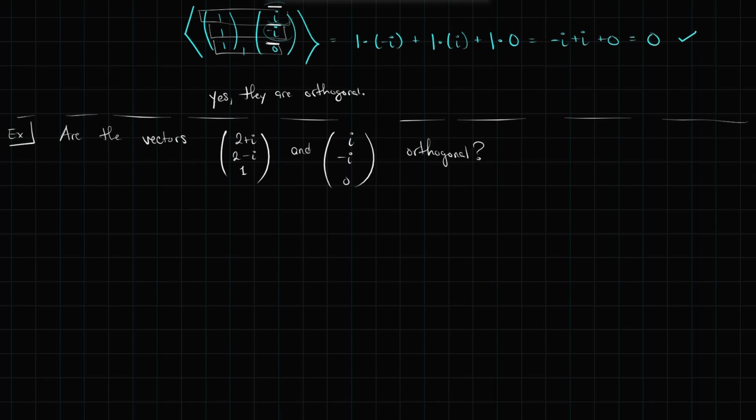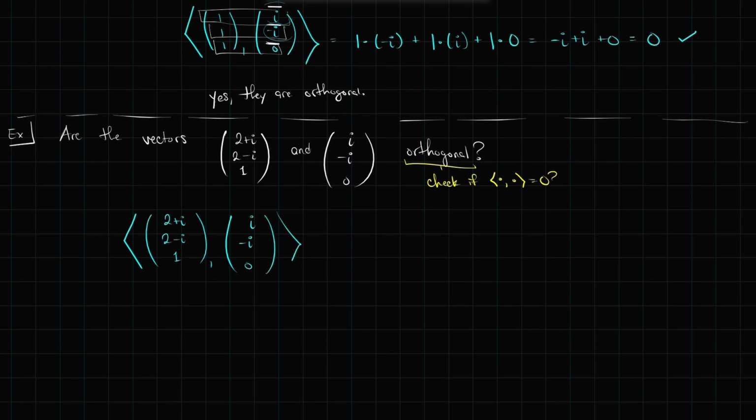We're just going to do the same thing as before and check if the inner product is equal to 0. Just as before, 2 plus i, 2 minus i, 1, and i, negative i, 0. We're going to read across, multiply each of those together horizontally, and make sure to compute a complex conjugate on the right.